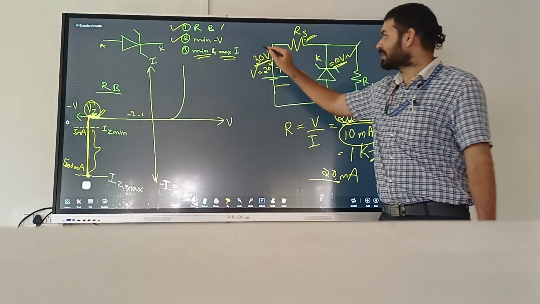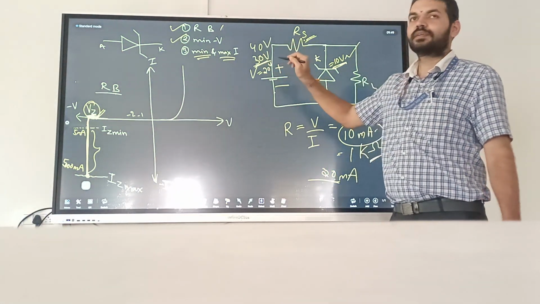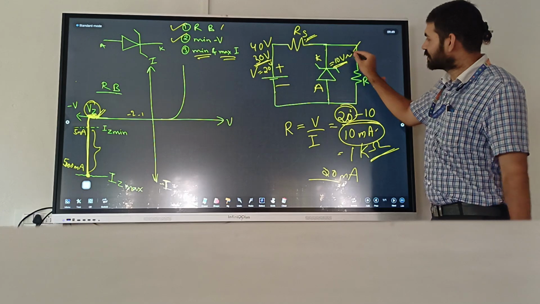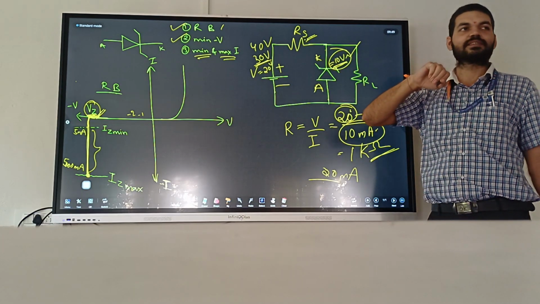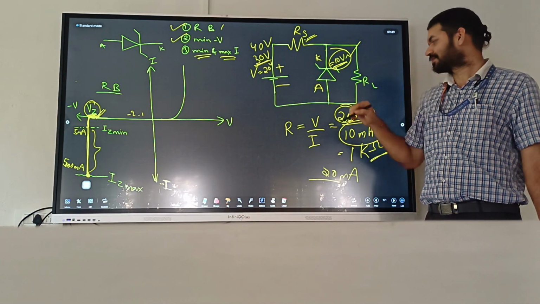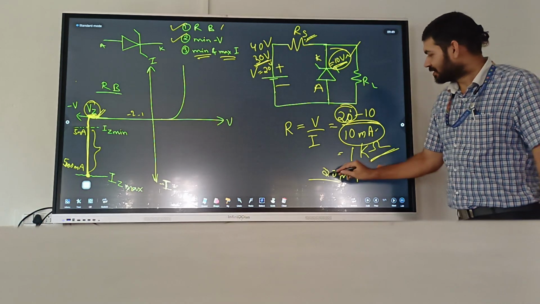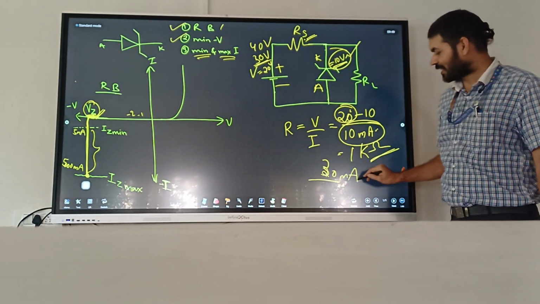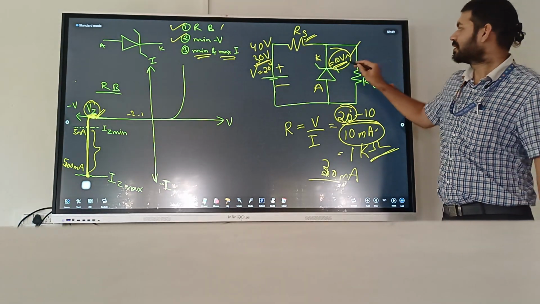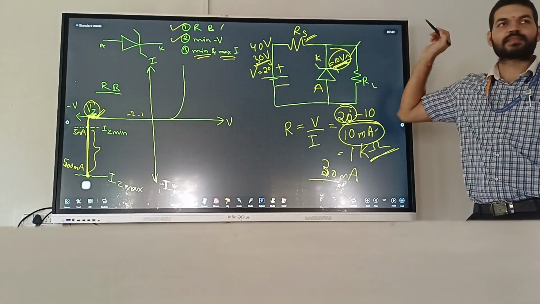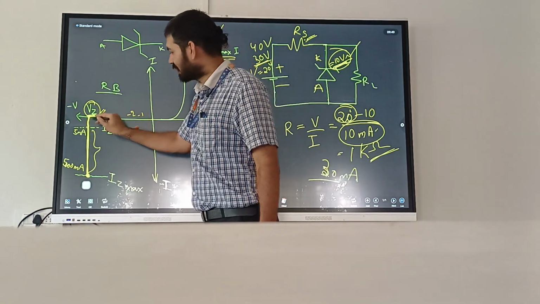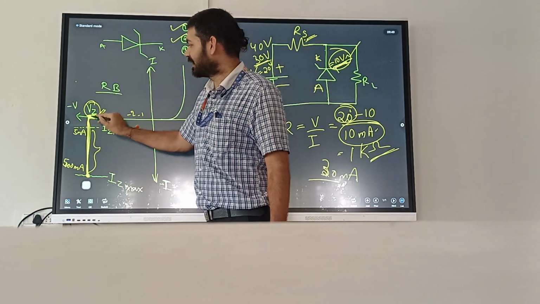Now you make this 40 volts. Input will change, but still output will be 10 volts only. Output will not change. Therefore, if I make 40 volts, the current will change to 30 milliamperes, but 10 volts is fixed. The graph is also telling the same thing. You increase input voltage, current will increase, but Vz is fixed.